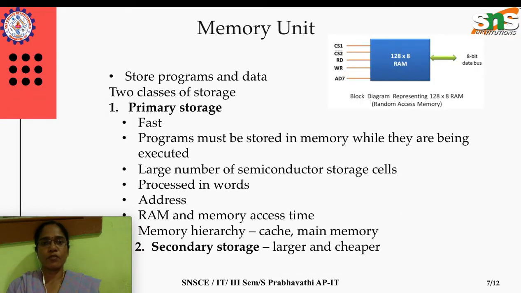Coming to the next functional unit of a computer system, the memory unit. Of course everybody knows it. In a computer system, memory is the place where all the information is stored. We can classify memory into two categories, primary memory and secondary memory. Primary memory, for example RAM, random access memory, is very fast.